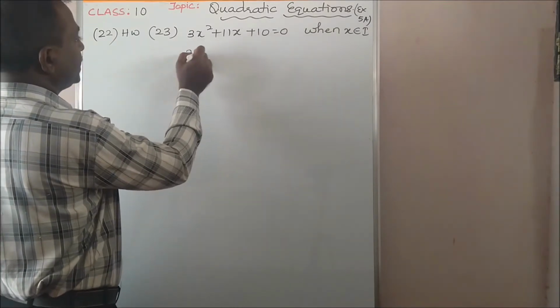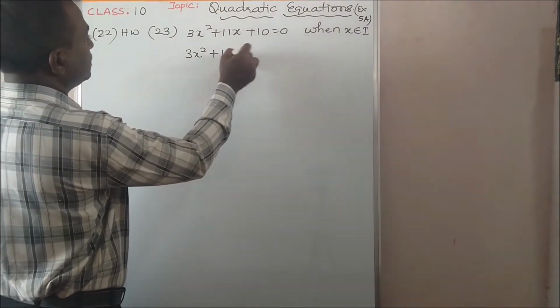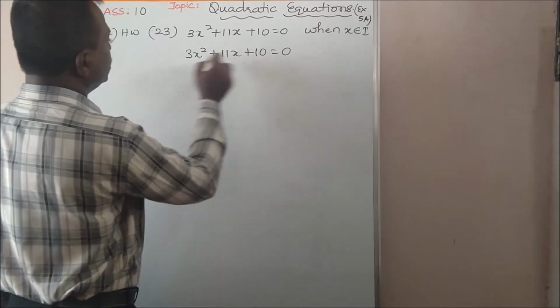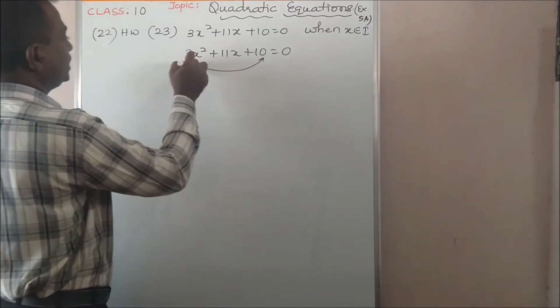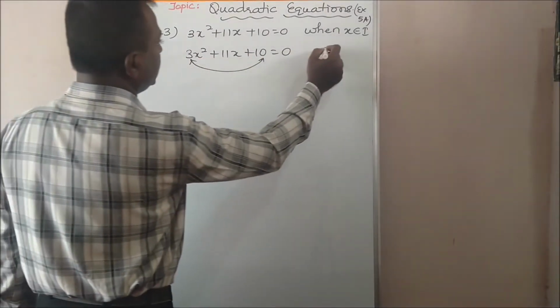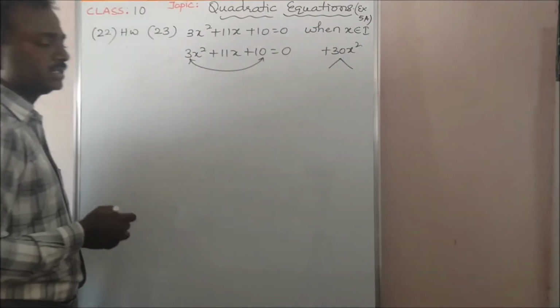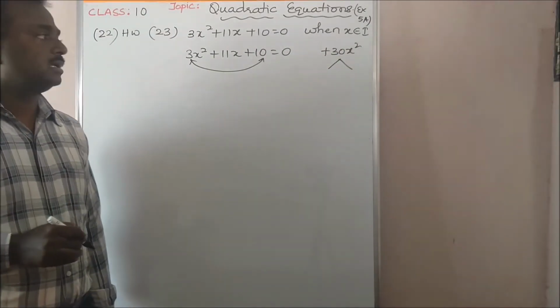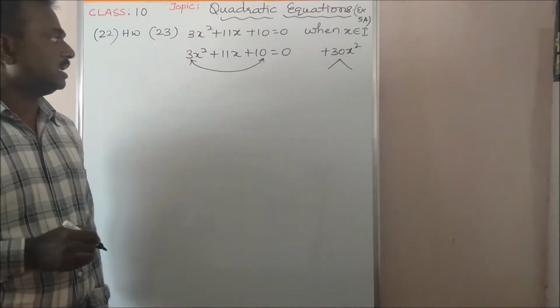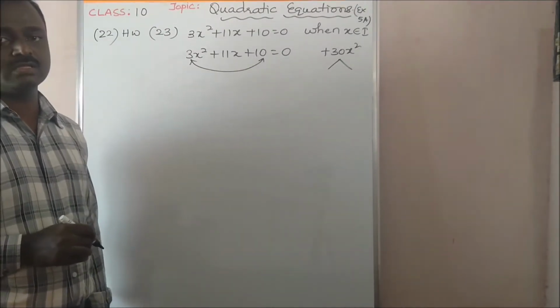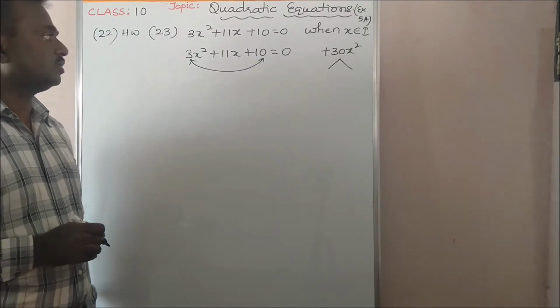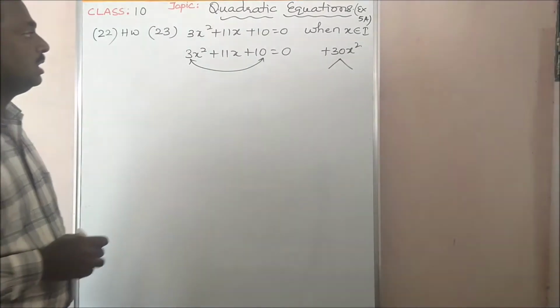We multiply the first and the last term, 10 times 3, that is 30x². Find two terms whose product is 30 and whose sum is 11.